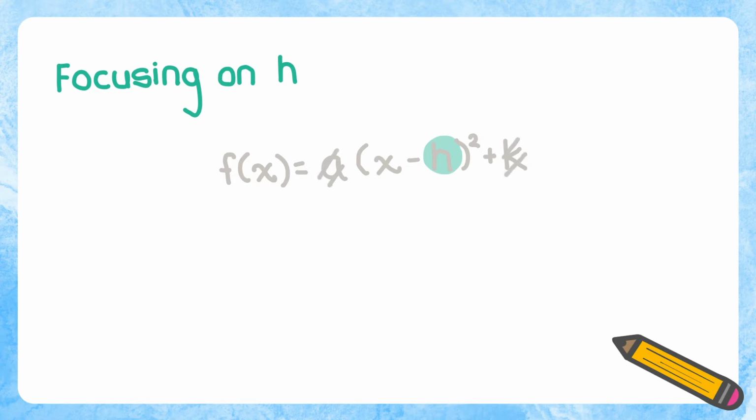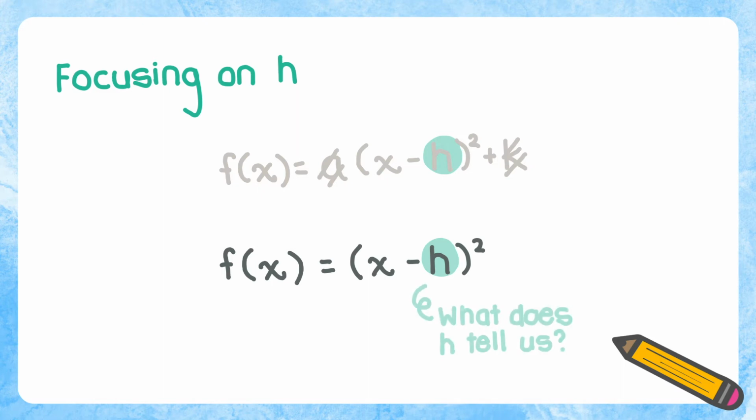So we're going to ignore the parameters a and k and just focus on h for today. So today we will be looking at simplified versions of quadratic functions in vertex form, where f of x equals x minus h quantity squared. Remember, today, we're only focusing on h. Our main question for today is, what does h tell us?